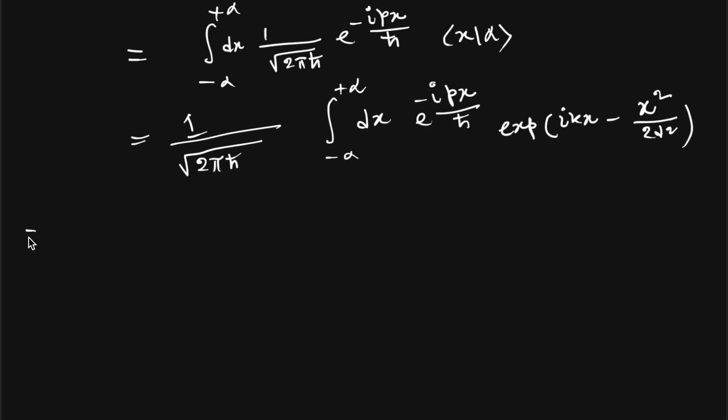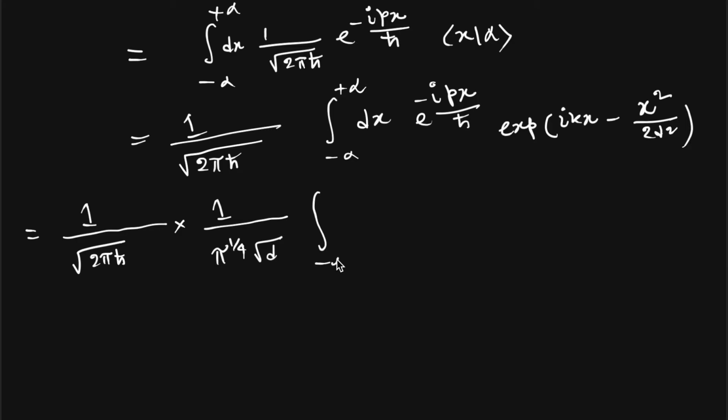So it will be 1 by root 2π ħ into 1 by π to the power 1/4 root d, integral from minus infinity to plus infinity.